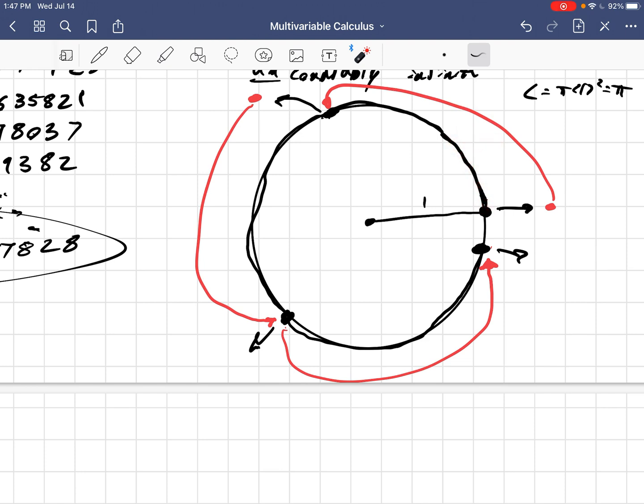And so I have essentially removed a point from this circle. But I have not changed anything about the circle because I'm replacing that point.